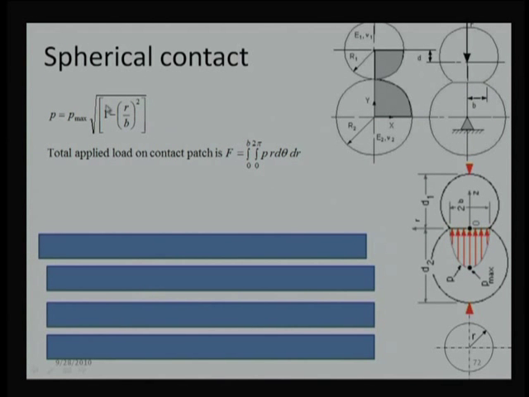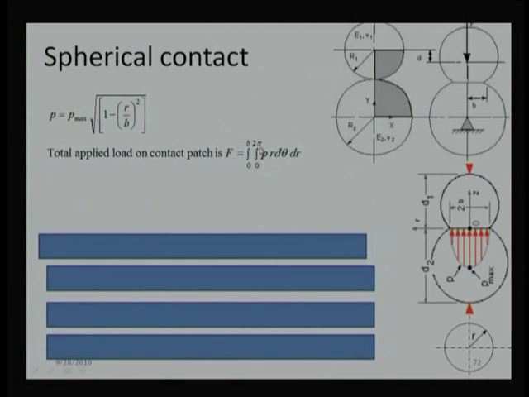Now, P we are assuming is equal to P max square root of 1 minus (R by B) square. We can substitute over here and integrate. However, we can see that there is no theta in this P. That means P r dr can be kept separately, and the first integration comes out as d theta, and the integration will be theta.